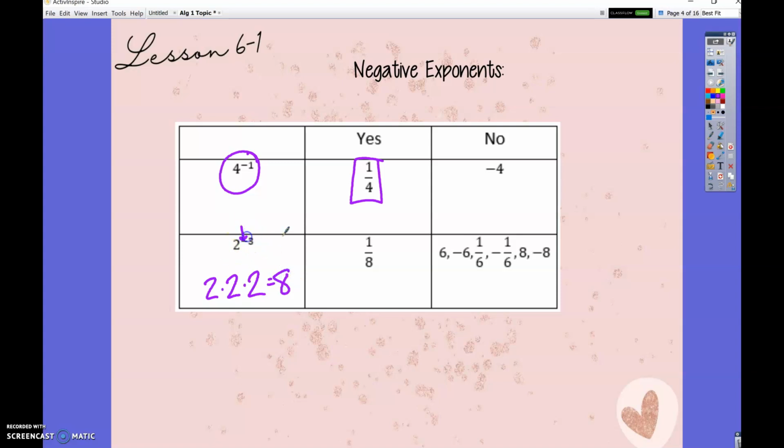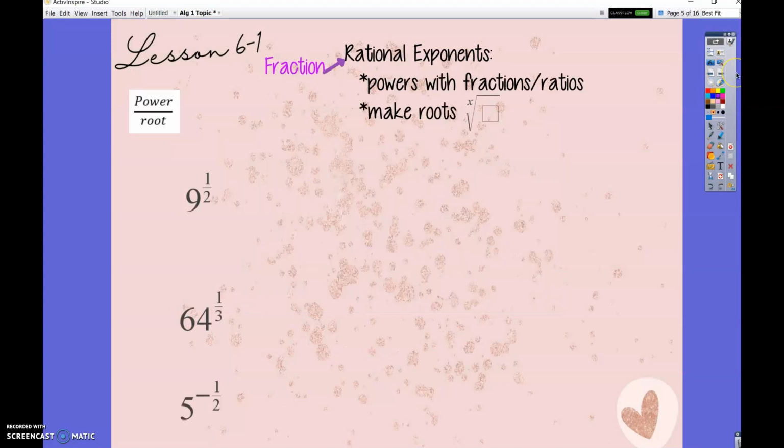But since it has this negative in there, it places it in the reciprocal place, or the denominator in this case. So 1/8 is our answer, not any of these. These are common mistakes that students might make. Negative exponents change the location in terms of the numerator or denominator of what's being taken to the negative exponent. You'll have more practice with these in your packet.